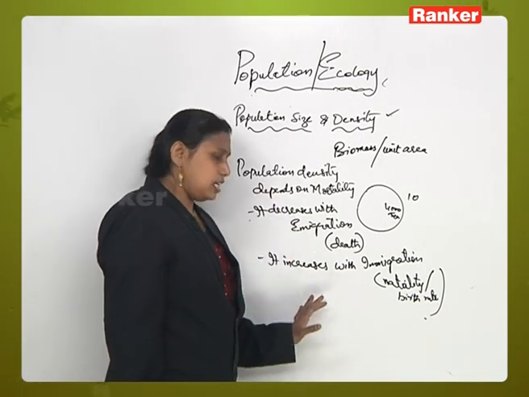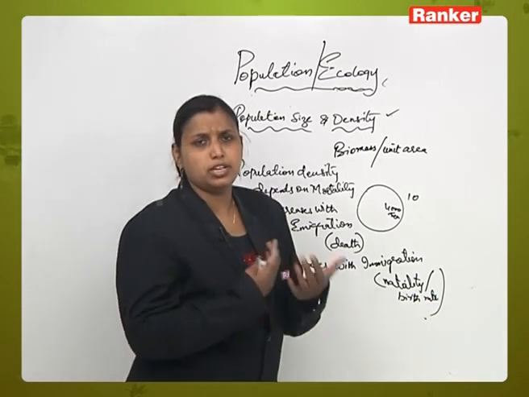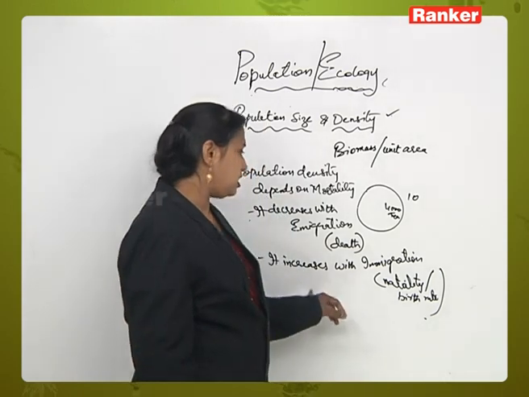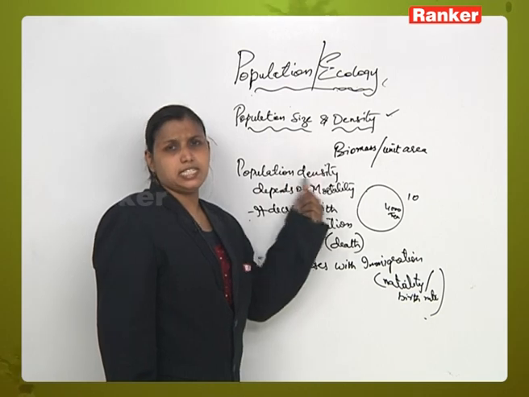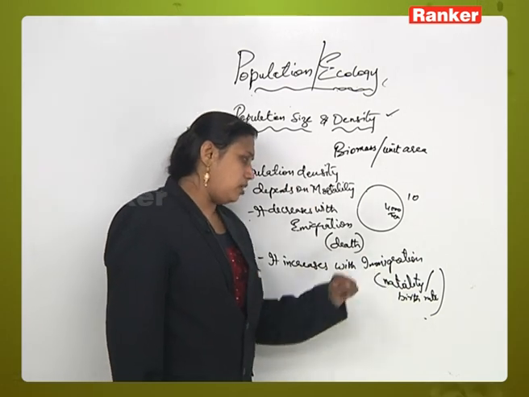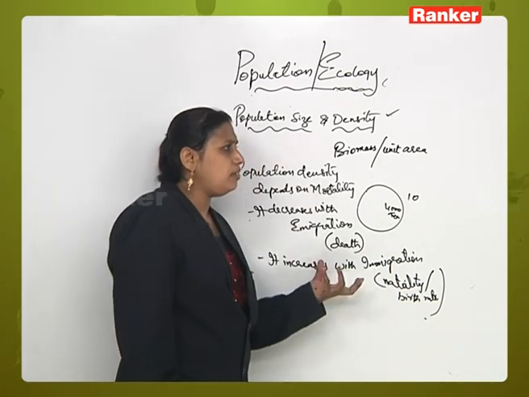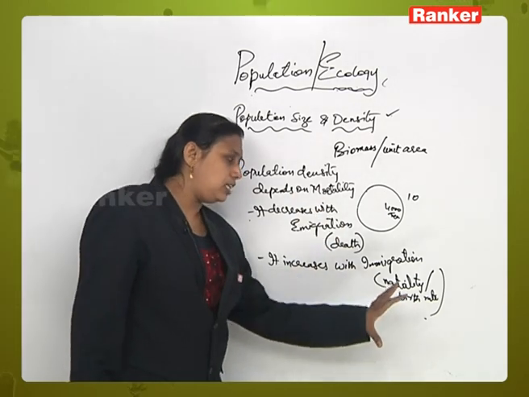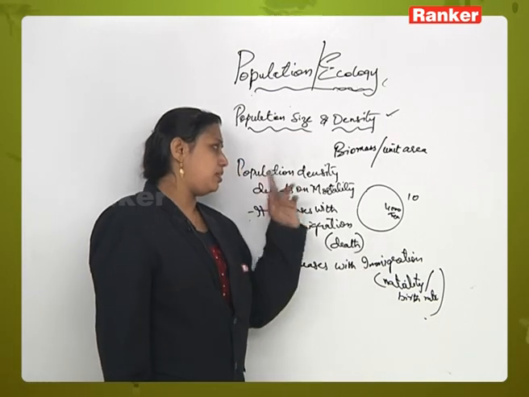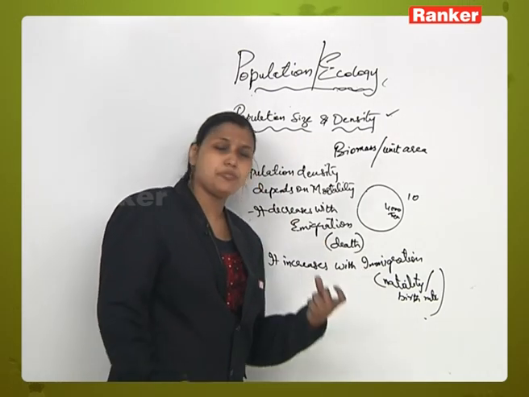Now, if there is more increase in the individuals in a particular area, through immigration or more birth rate, then population density increases. This increase in the size of the population in a particular area will increase the population density. So how does this increase in population occur?